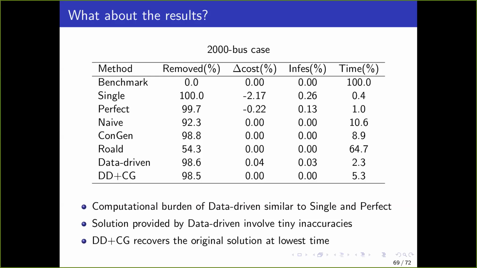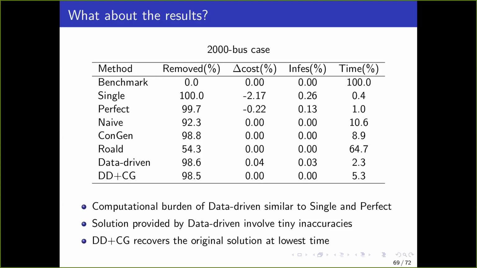Here it's a more general message, but it's the value of the slack variables compared to the total demand throughout all the days. Okay.